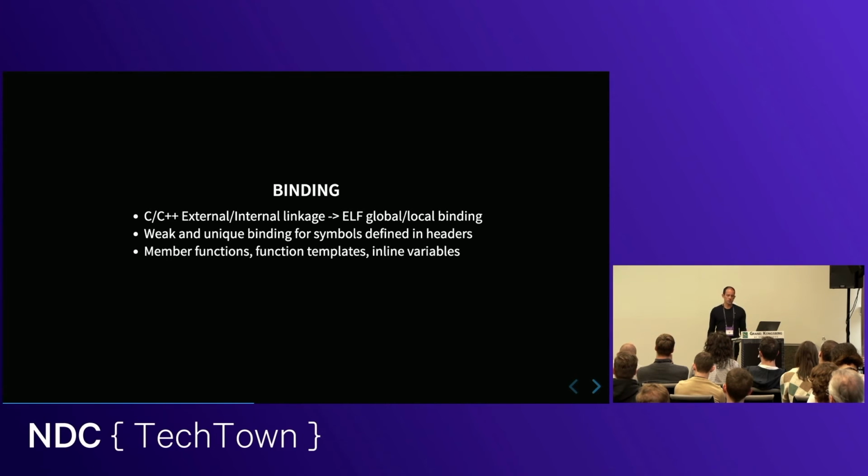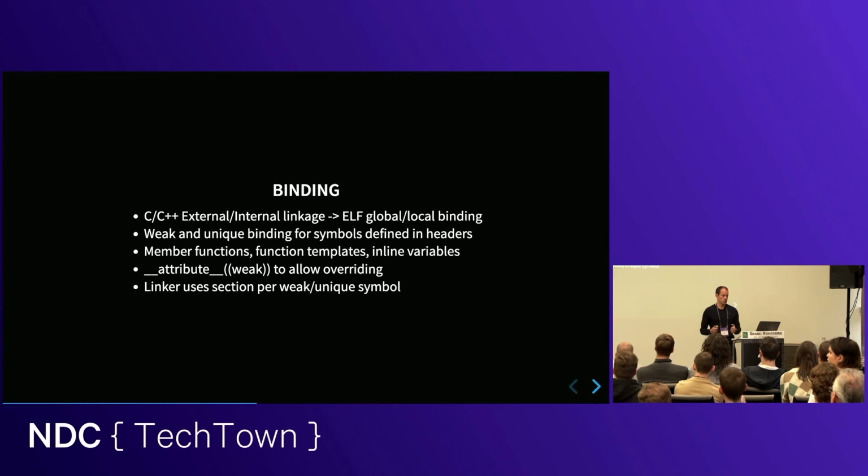So that's member functions that are defined inside of the class, function templates, inline variables, all of these things that you're allowed to define in your headers are implemented in this way. I can actually use attribute weak manually if I want to allow people to override my stuff. And we saw how the linker uses one section per weak and unique symbol in your files to be able to disambiguate later.